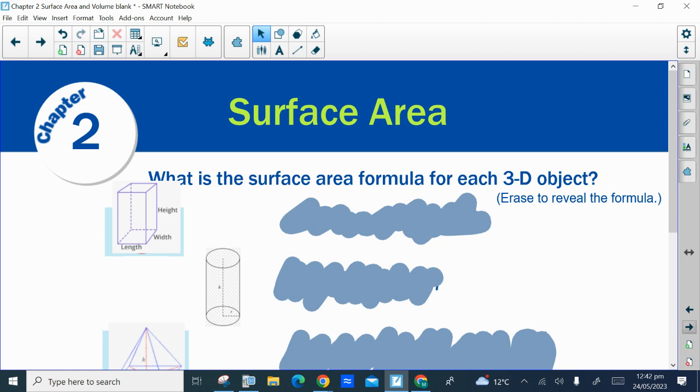So now we're going to look at actual surface areas of these shapes. So the first object is a prism. It has a combination of square and or rectangular faces, and there are 6 of them.